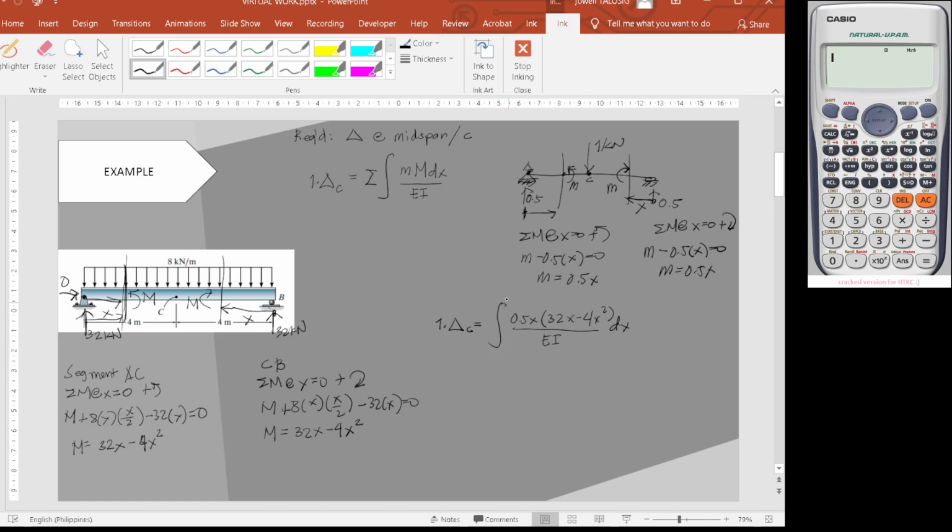Its limits are from A to C, from 0 to 4.